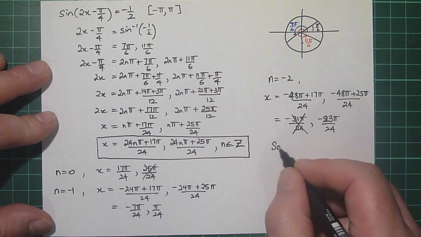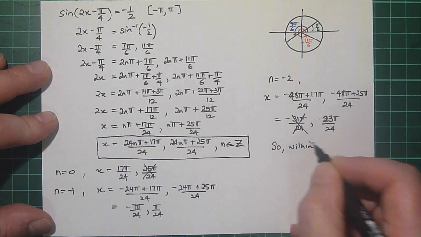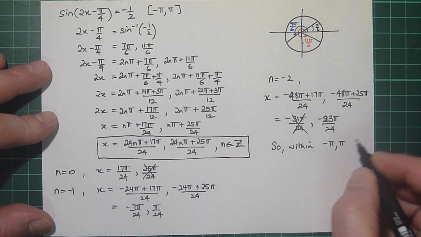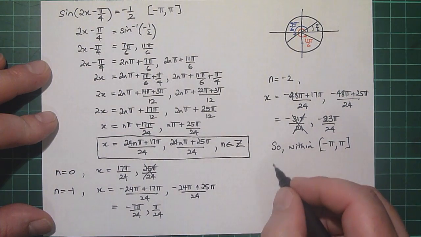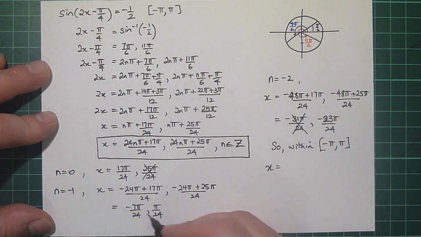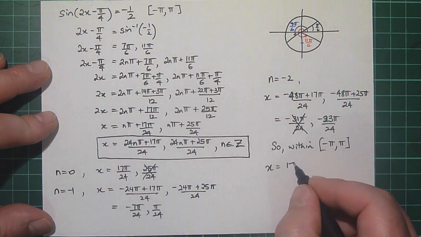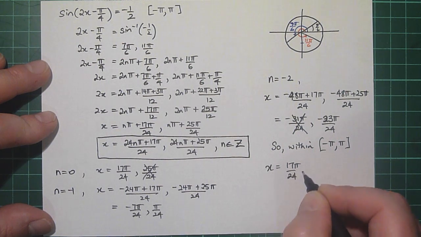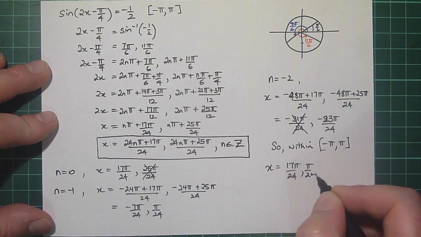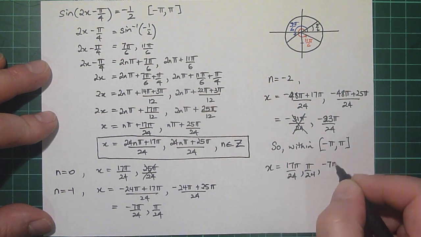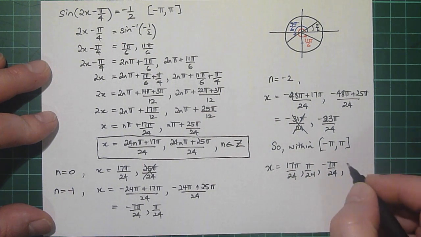So within the domain minus π and π, our solutions are 17π on 24, π on 24, negative 7π on 24, and negative 23π on 24.